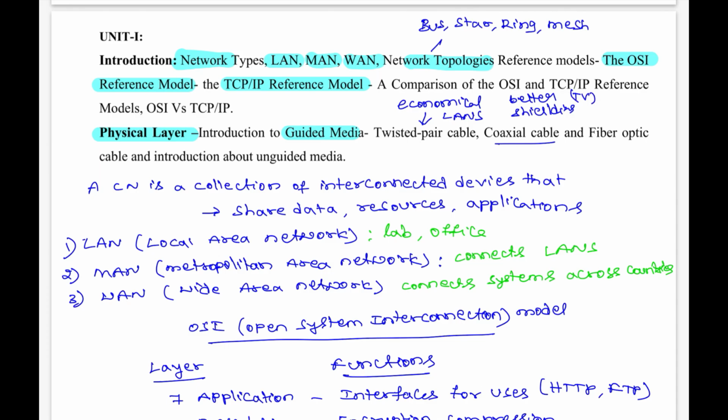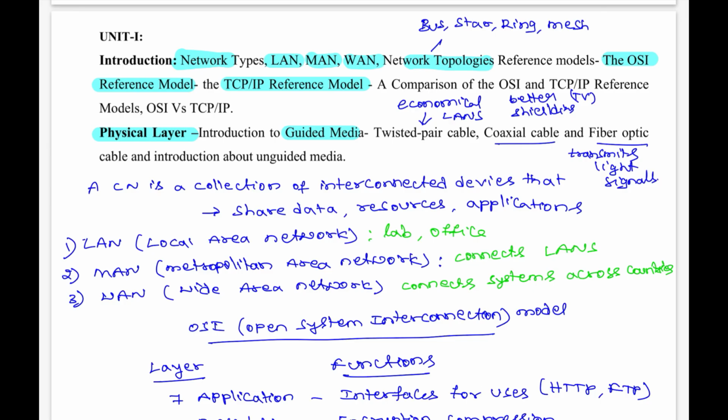And the next type of cable is the optic fiber cable. Optic fiber cable transmits light signals at a very high speed and secure.